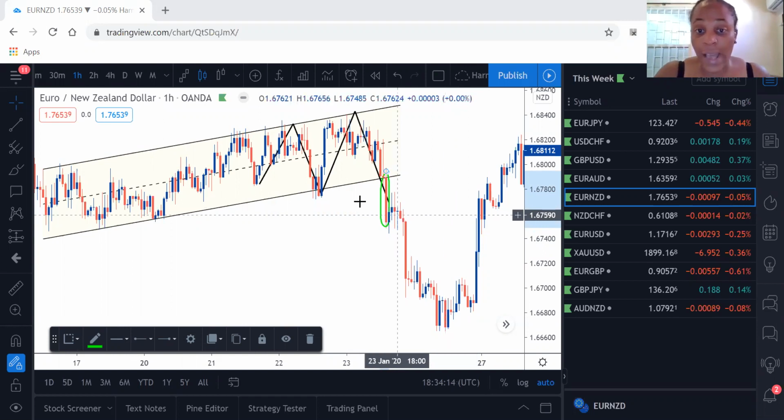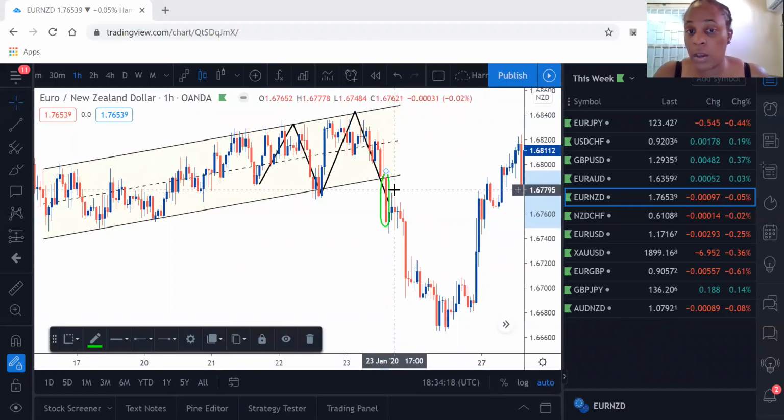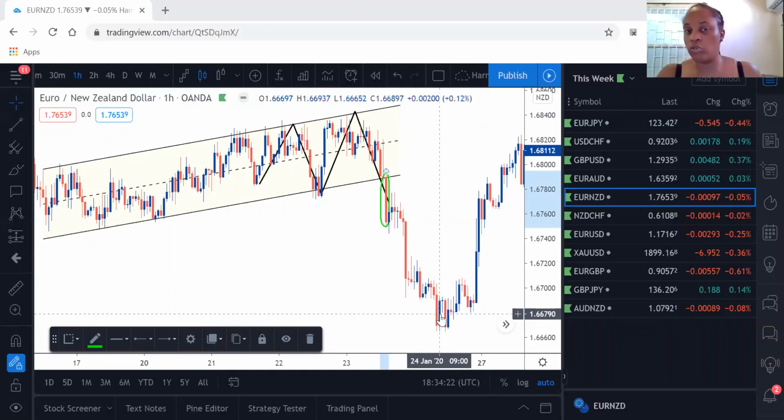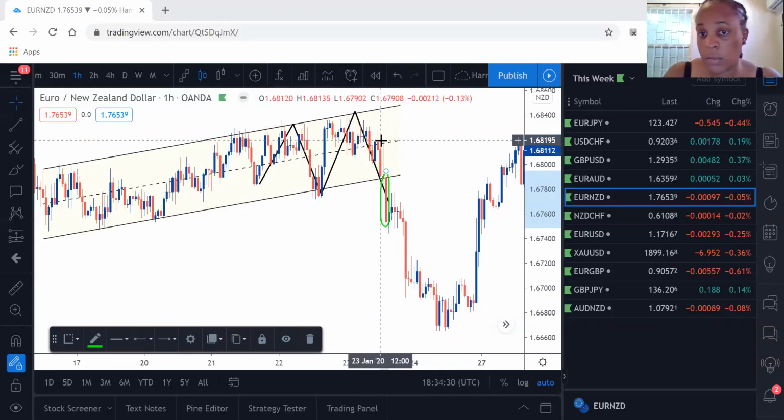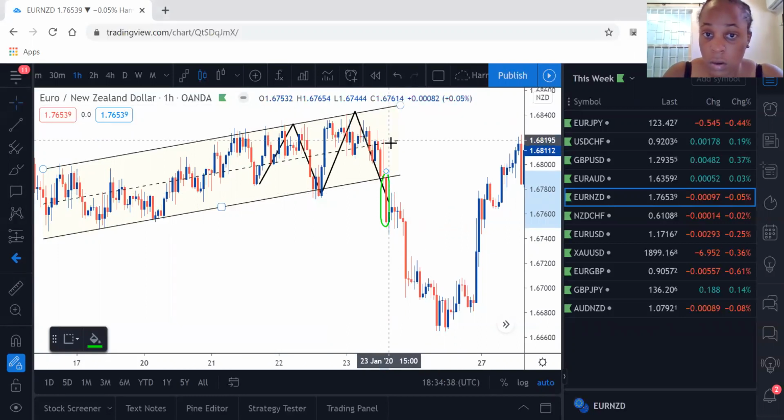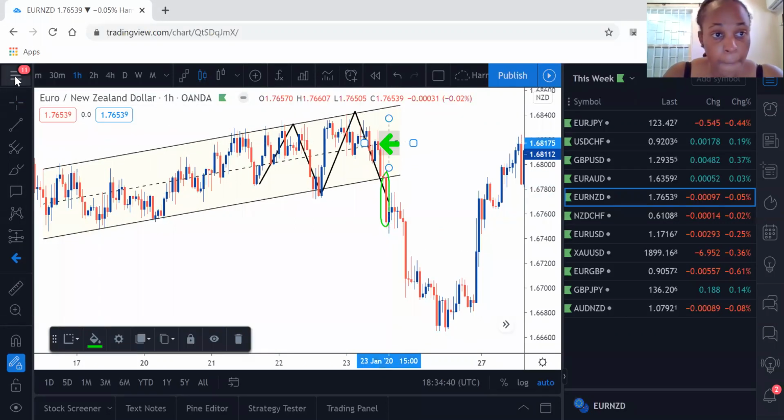So for example, you can see how the market came back up here and did a bit of a pullback before it continued to drop. So I like to give the market some room, right? But you can do a tighter stop loss, or you could do a break even at 20 pips in profit, your preference. So let's say, for example, I entered my trade here, right?